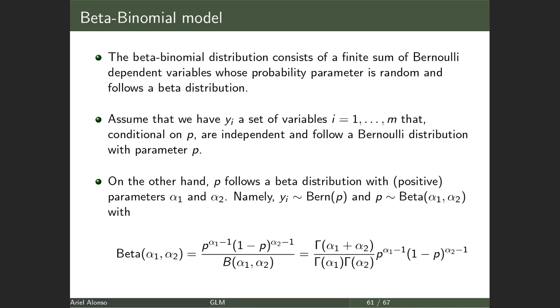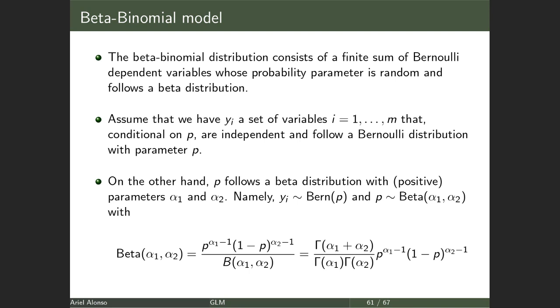Each of these Bernoulli variables has the same probability of success pi, and then you calculate the sum. That sum follows a binomial distribution. The beta binomial distribution is what you get when you have Bernoulli x1, x2, xn, but these Bernoulli random variables are not independent. You sum them, but now you're summing dependent Bernoulli variables, and they don't have a constant probability of success pi, but the probability is in itself random.